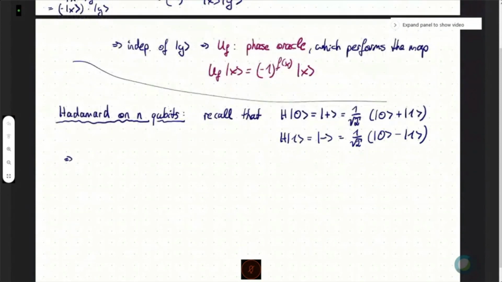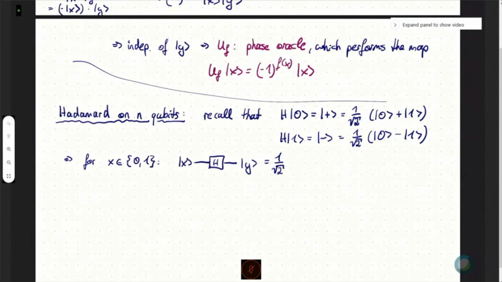So if we restrict the input bit x to be either 0 or 1, if we have x and then apply the Hadamard gate, we get an output y, which can be written in general as 1 over square root of 2 times 0 plus minus 1 to the power x times 1. So in the case of 0, we get just 0 plus 1. In the case of 1, we get 0 minus 1.